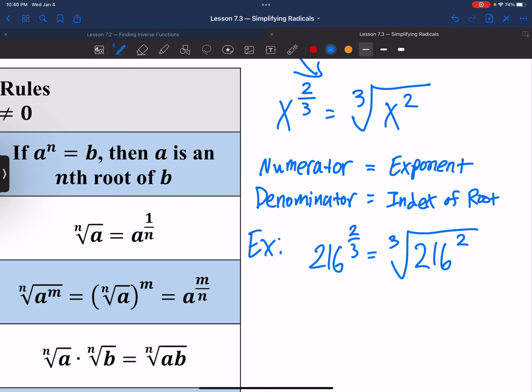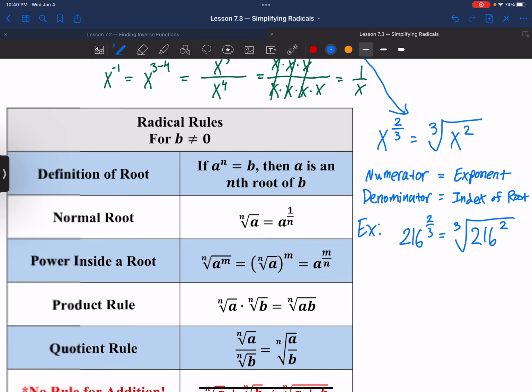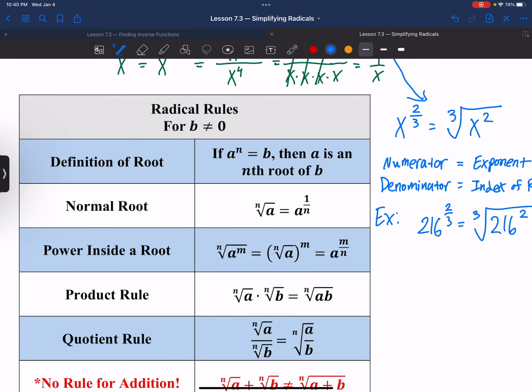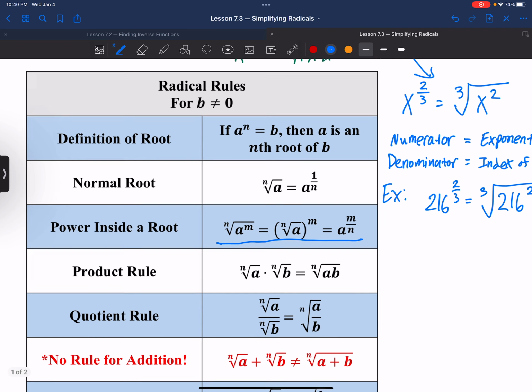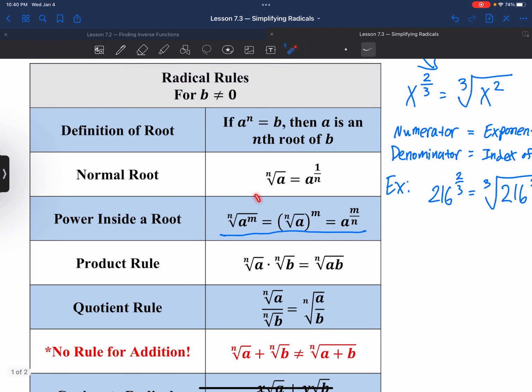How can I square 216 and then take the cube root of that? Well, hey, looky, we actually have an extension of this rule in this table here. Notice, I'm going to put my laser pointer here. The nth root of a to the m, which is kind of what we've got here, can be rewritten as the nth root of a to the power of m.